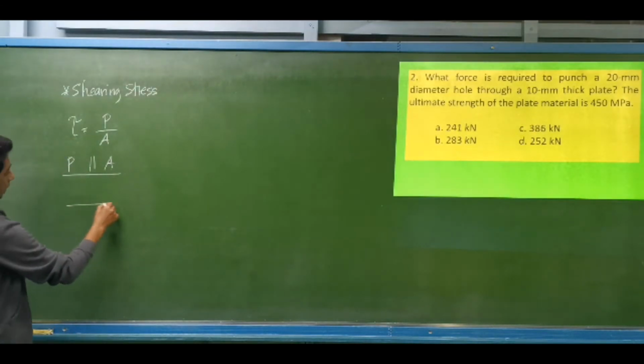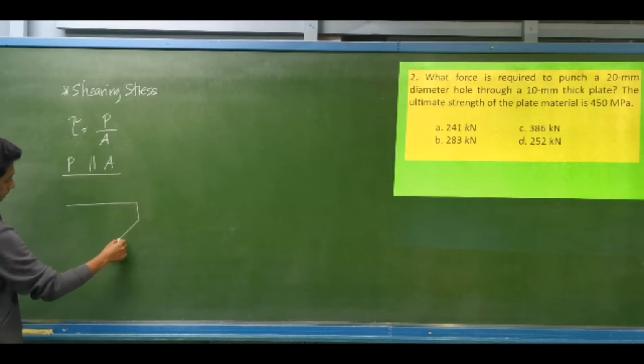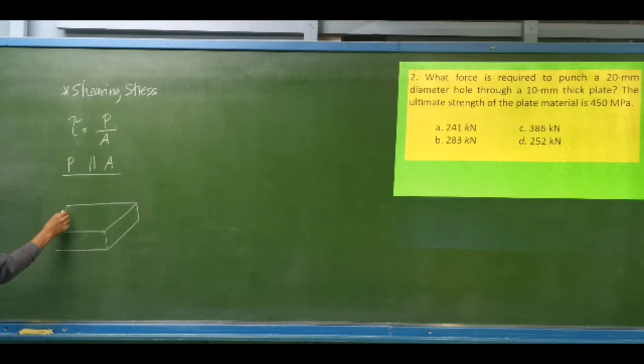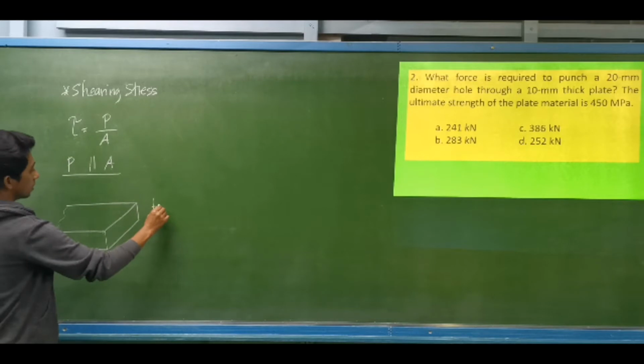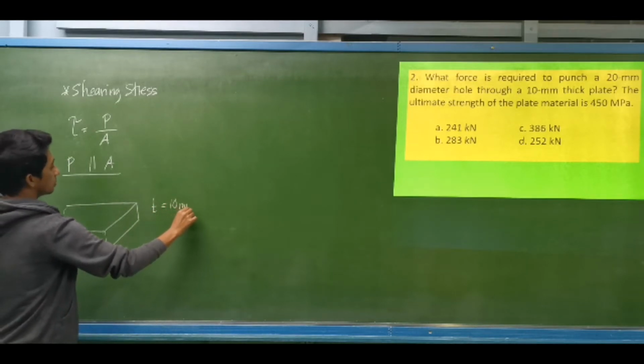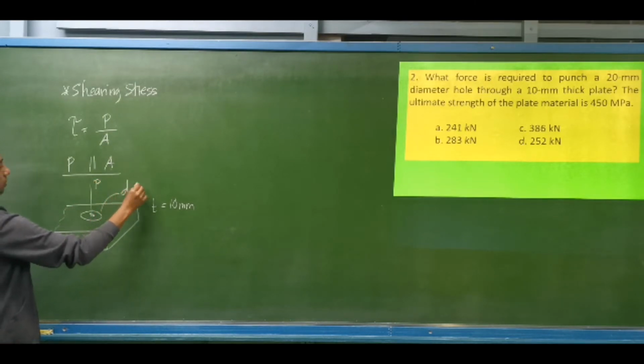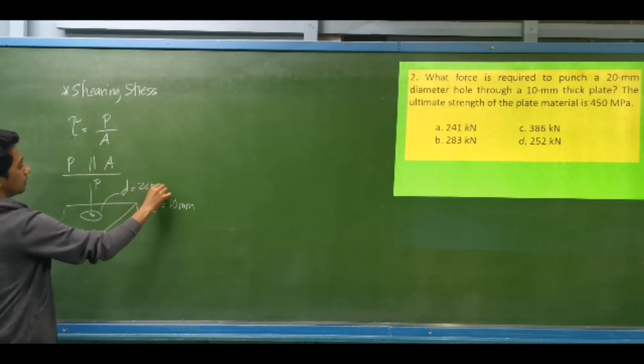So for example, we have a plate, and let's say the thickness is equal to 10 millimeters. We are to punch a hole. So say we have this P. The diameter of this hole should be equal to 20 millimeters.